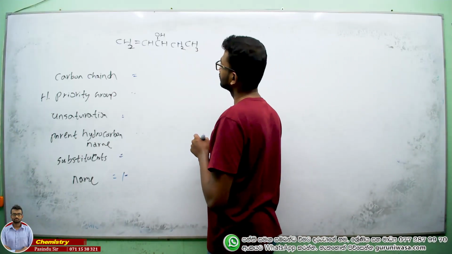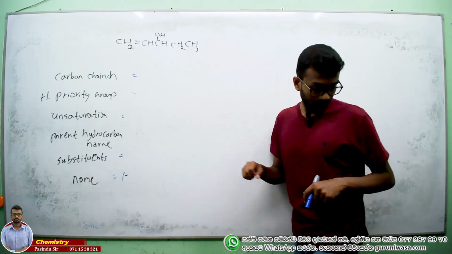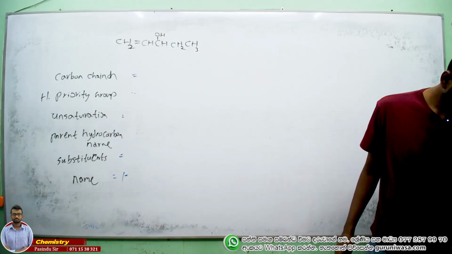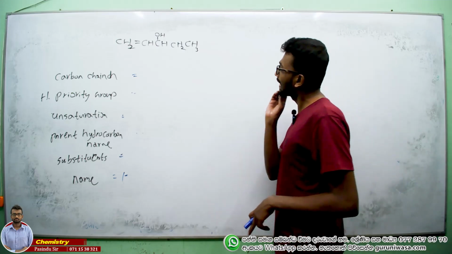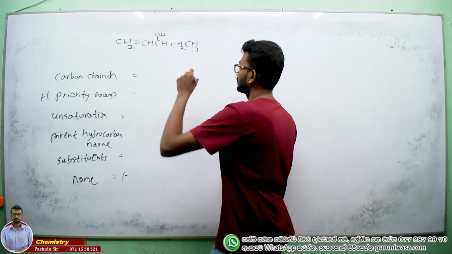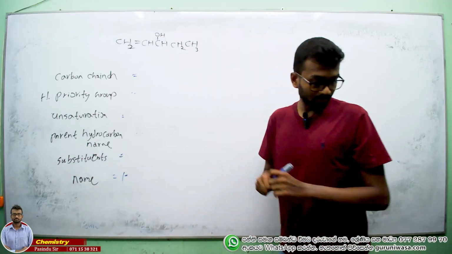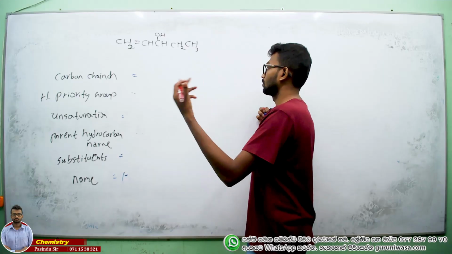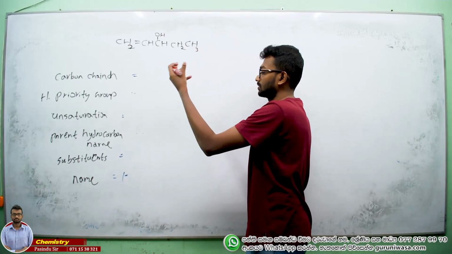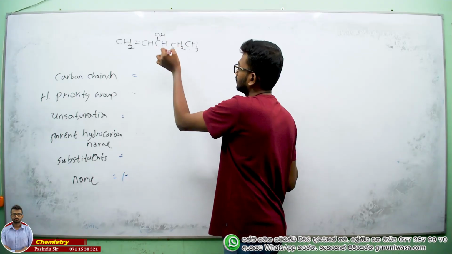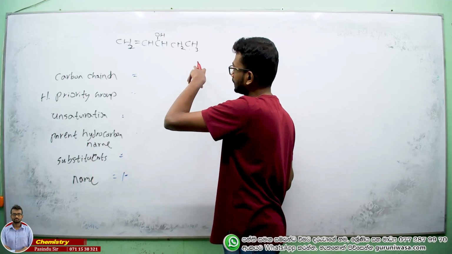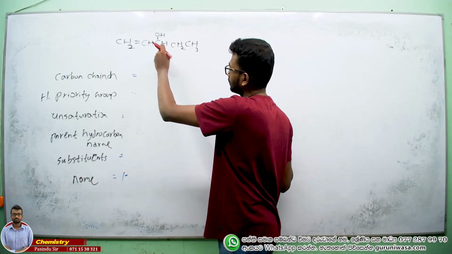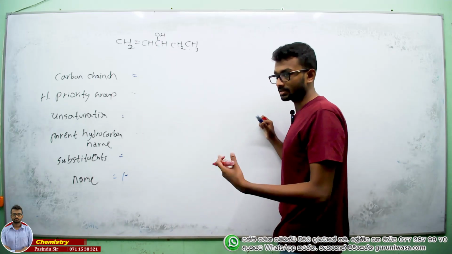How many carbons? Here it has only one group, so obviously it will come as a prioritized group, right? So I'll count to give the lowest number, right?